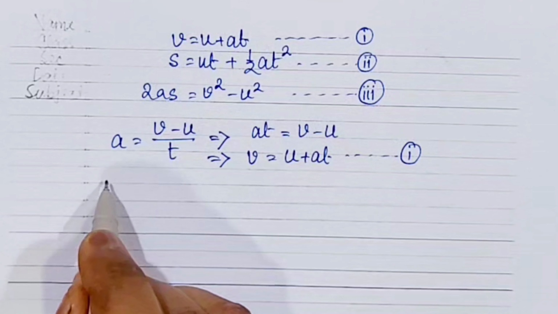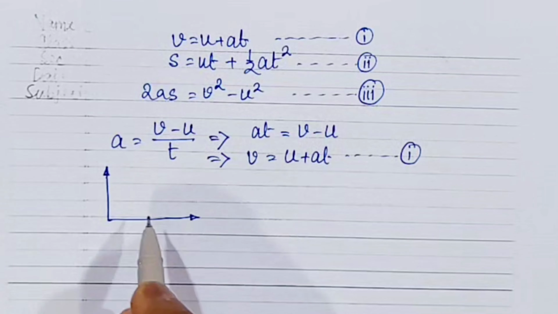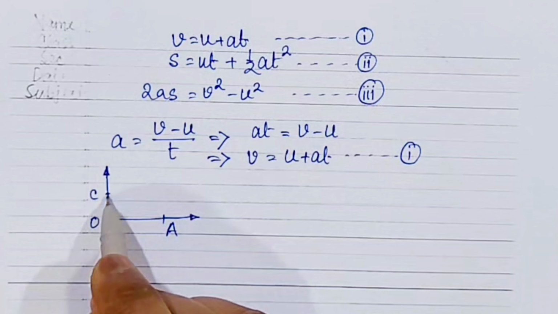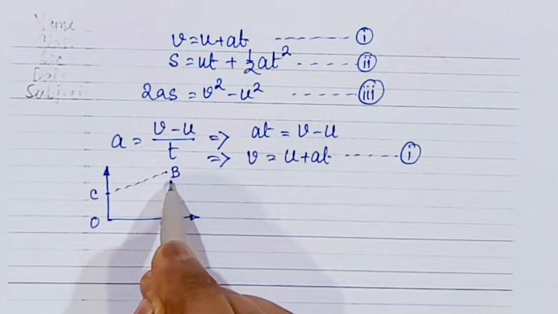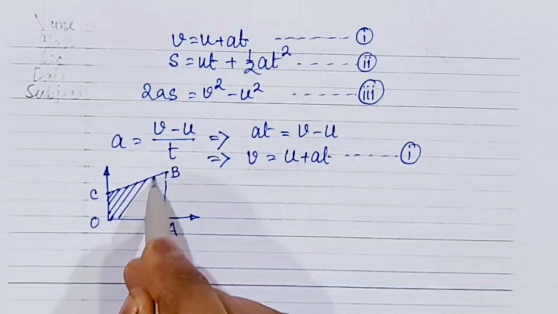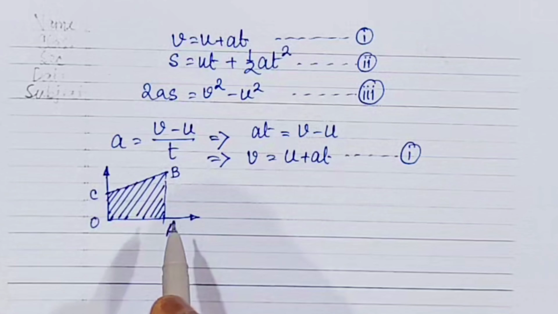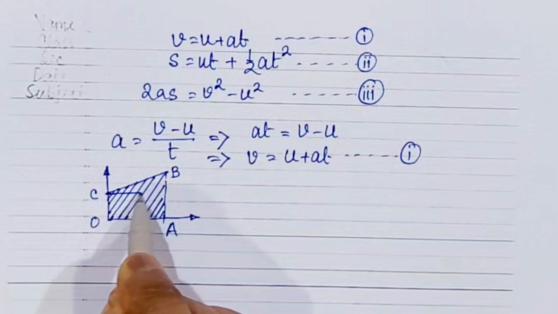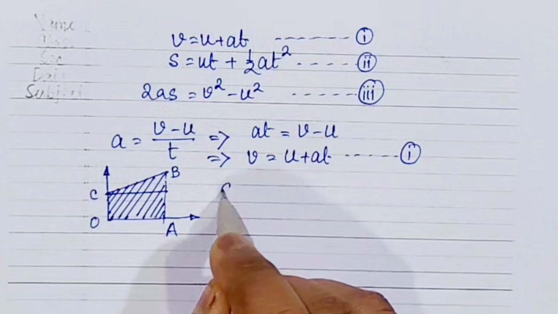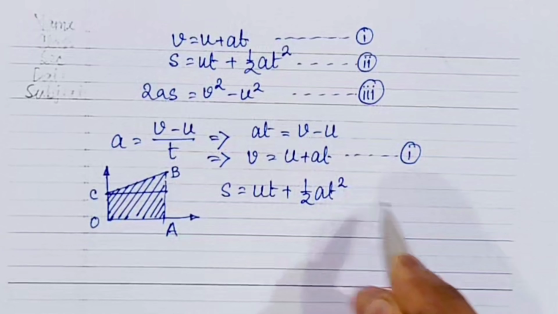The second one was derived from the speed time graph OCAB. Finding the distance between the C and B points has been done by dividing this into a rectangle and a triangle and then figuring out the overall area, which has led us to S equals UT plus half AT square.